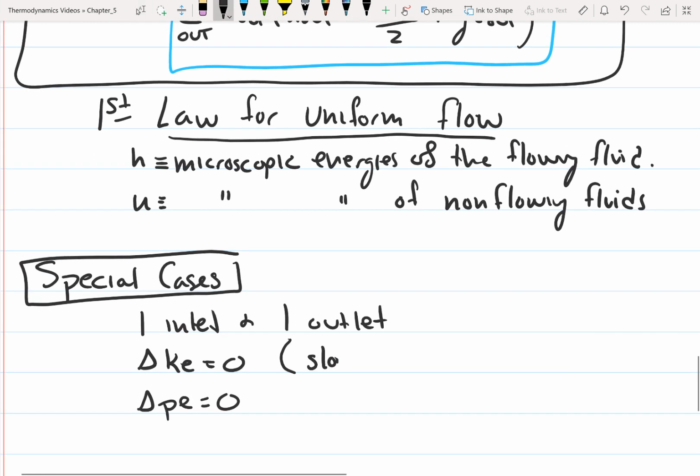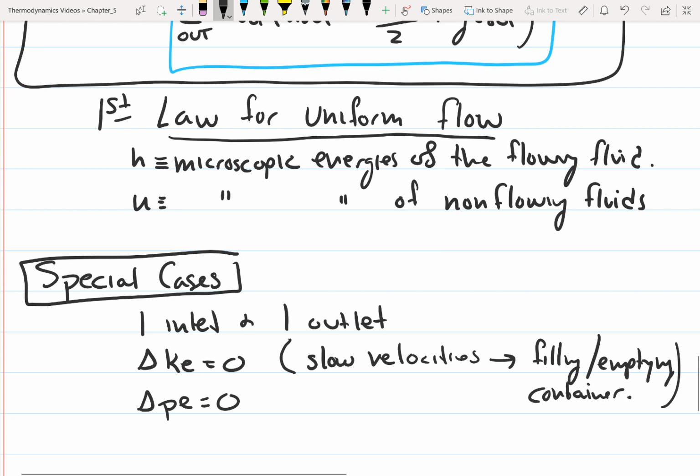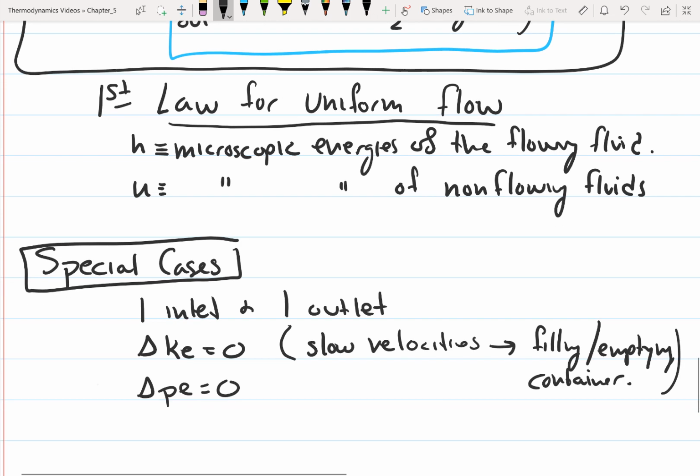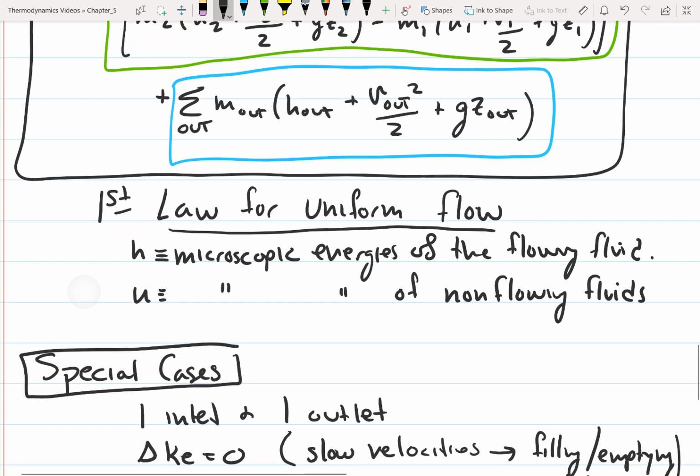So we're going to assume slow velocities when we're filling or emptying a container. So if we have slow velocities, we can assume that the change in kinetic energy is approximately 0.